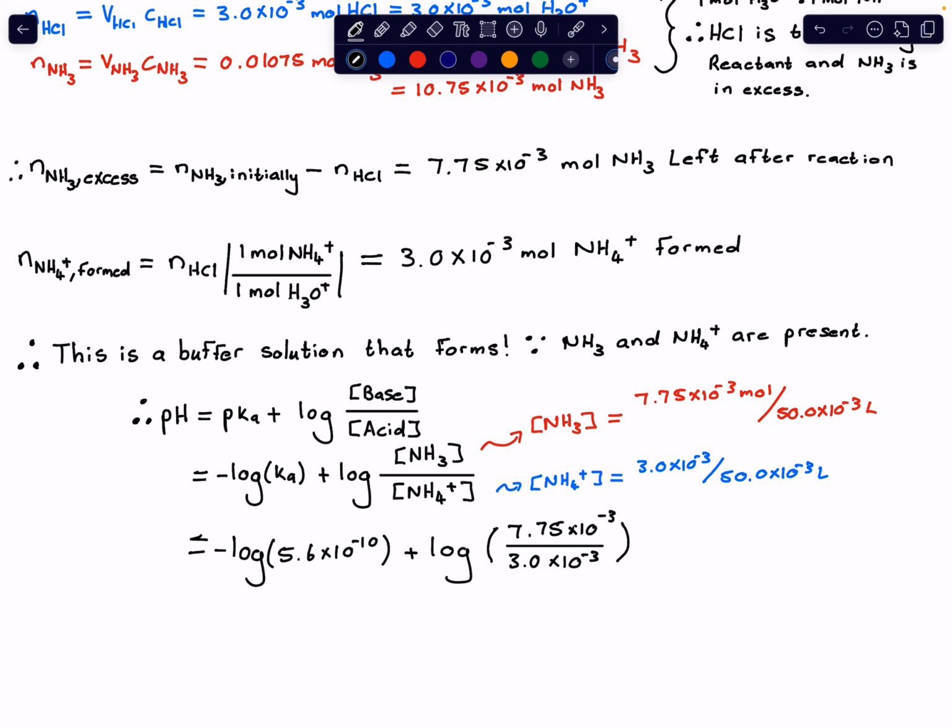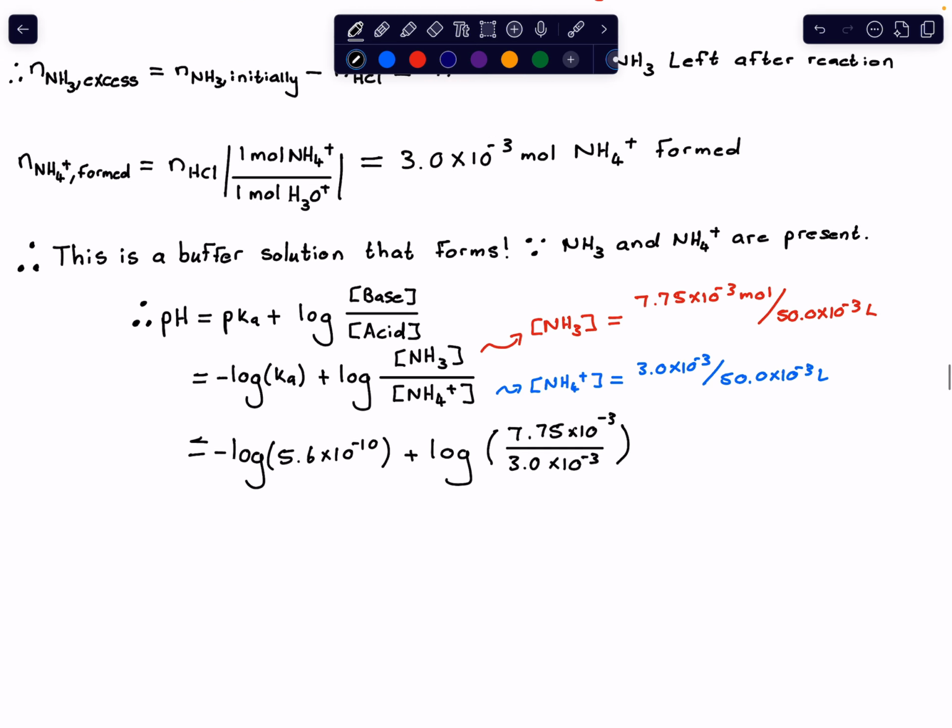Notice that I'm just using the number of moles. You're welcome to calculate the concentrations and see if you get the same answer. If you then round to 2 decimal places, because it's pH, I get 9.66.